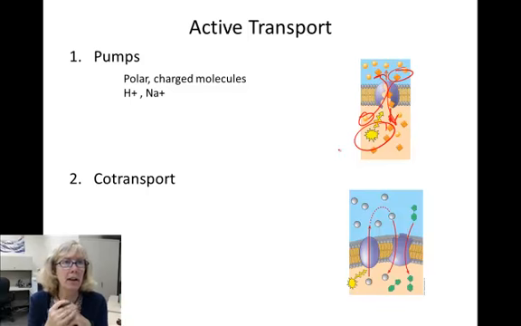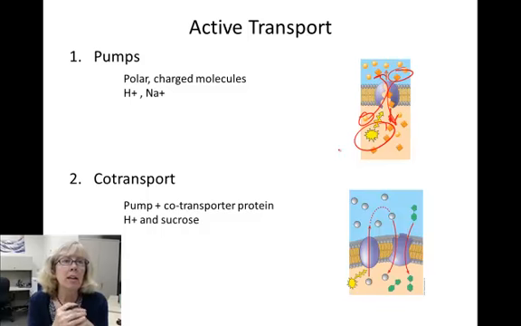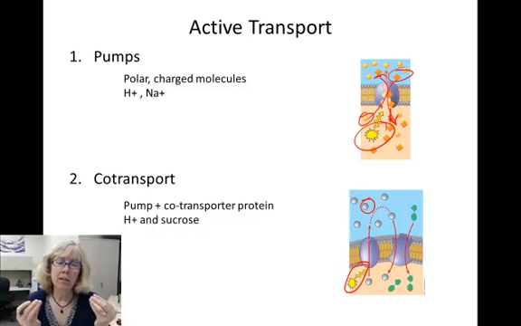Co-transport, on the other hand, is a mixed system. It uses a pump to create a concentration gradient, in this case hydrogen ions, and it requires ATP. Once it has a concentration of hydrogen, it can allow hydrogen to diffuse back into the cell, but only in conjunction with another molecule that the cell needs to move against its concentration gradient.